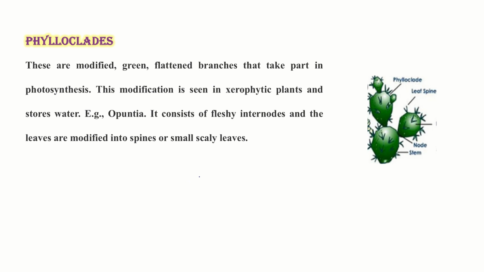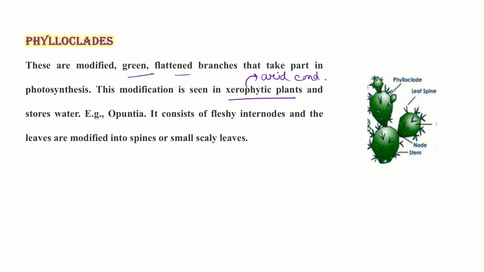What are cladodes? These are modified green flattened branches that take part in photosynthesis. This modification is seen in xerophytic plants. What are xerophytic plants? Plants growing in arid condition, and they store water.